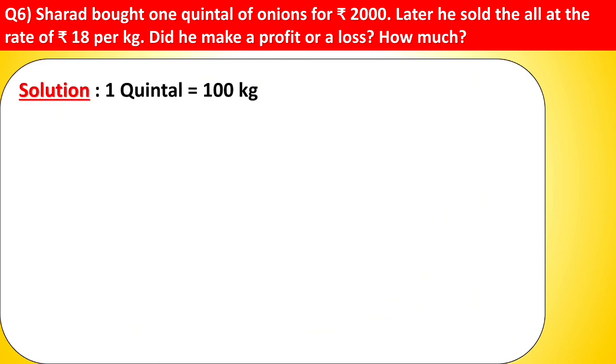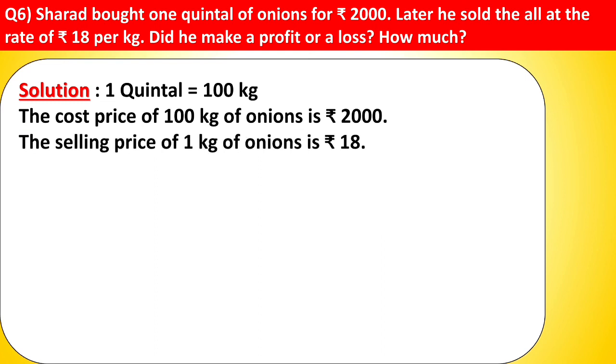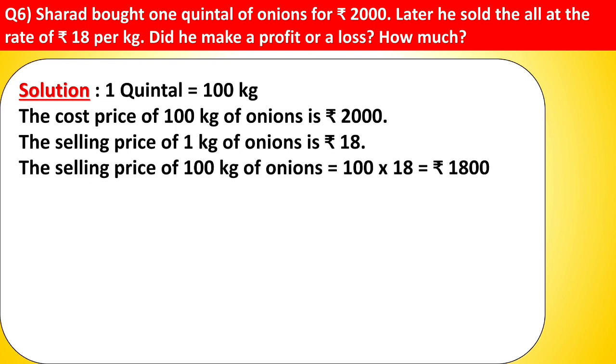Solution. 1 quintal equal to 100 kg. So the cost price of 100 kg of onion is rupees 2000 and the selling price of 1 kg of onion is given rupees 18. But how many kg do we have? 100 kg. So selling price of 100 kg of onion equal to 100 multiplied by 18. We get 1800.